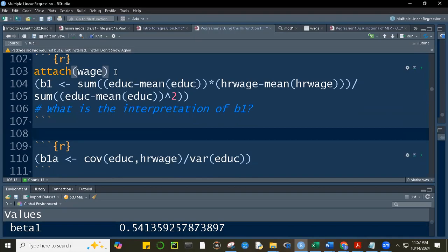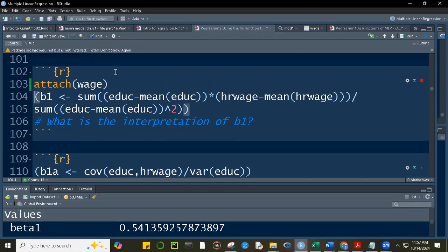So i-run nyo to, class, attach. Control Enter. Attach, class. Ibig sabihin, we're telling R, any variable that we're going to use will refer to wage. Sum ng dito. So dito, class, education na lang. Minus mean of education times hourly wage minus mean ng hourly wage, and then divided by sum ng education minus mean ng education squared.